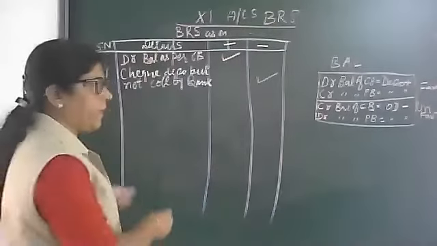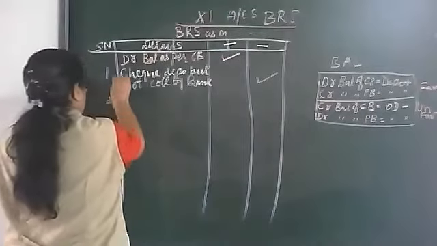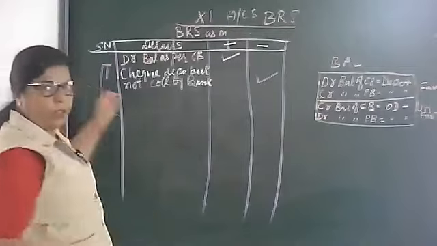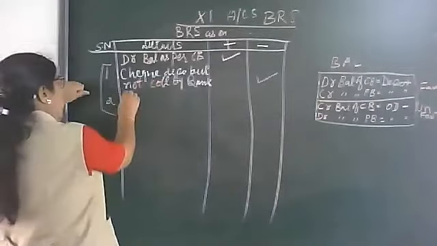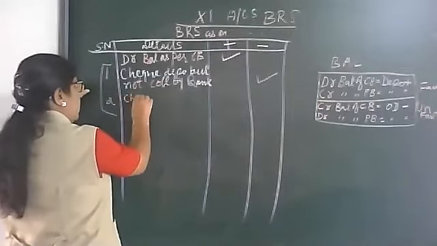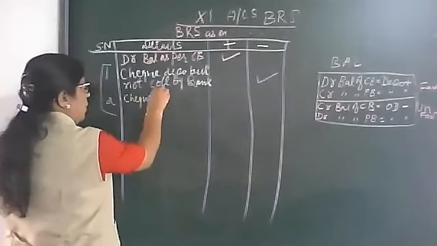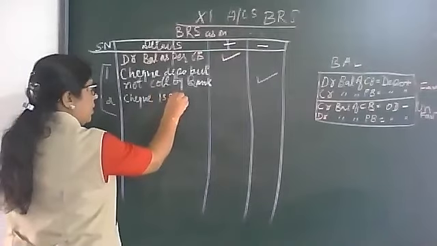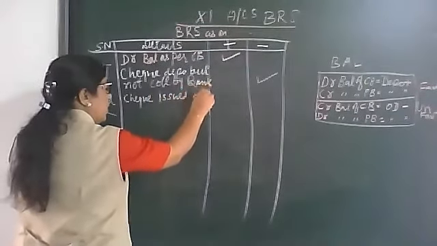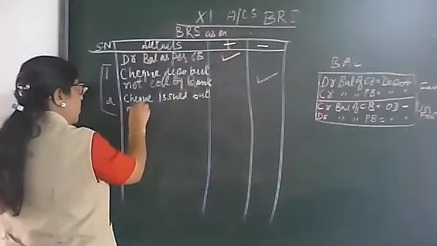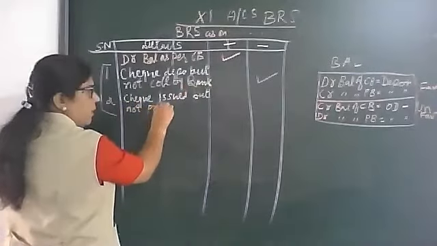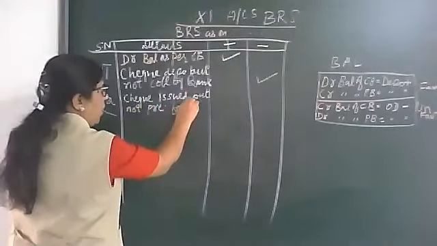Now second, you can make the pair, then it will be easy. Check issued but not presented for payment.